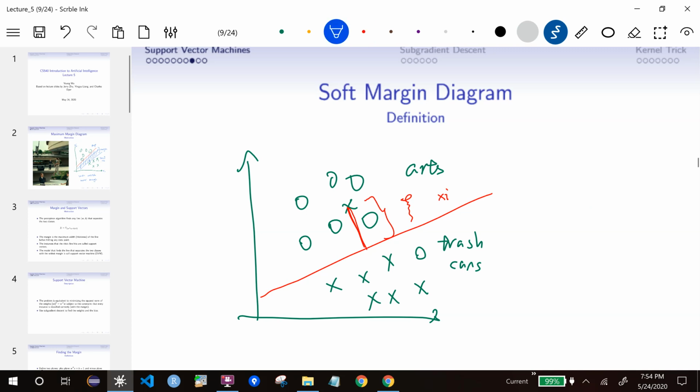Suppose this is our x1, then our xi1 is the distance between this point and the line, and suppose this is our x2, then this length would be our xi2. For the other points that are classified correctly, we do not have negative xi values. Say this is x3, we will just let it be equal to 0. So this variable just represents the amount of mistake. If there are no mistakes, the mistake is 0, it's not negative.